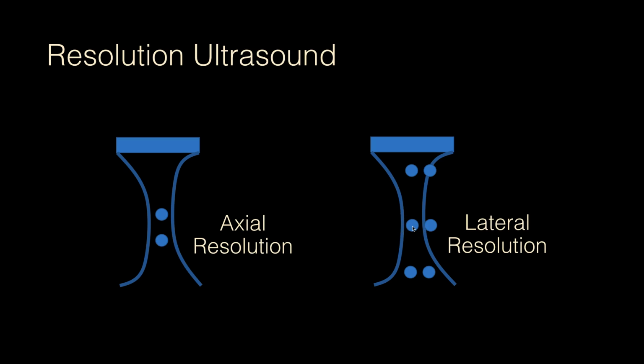So the lateral resolution is the resolution from side to side. So you can see if you're very close or if you're very far, it's more difficult to separate two given objects.